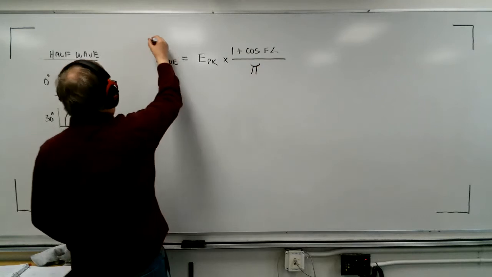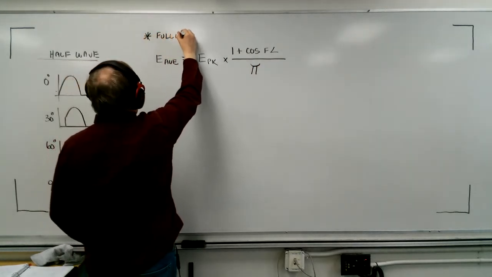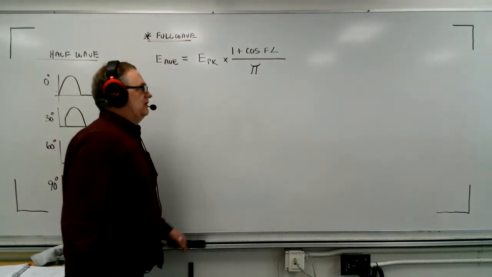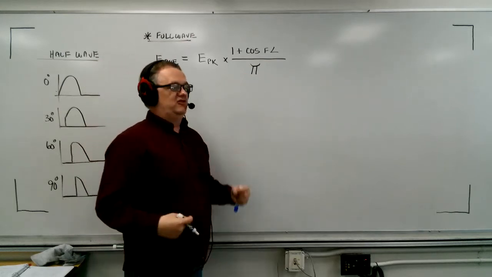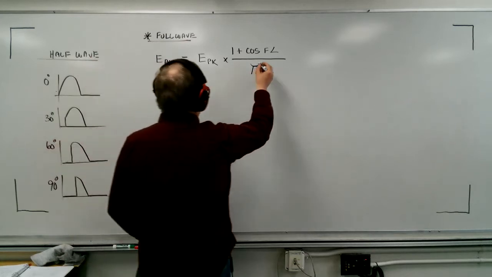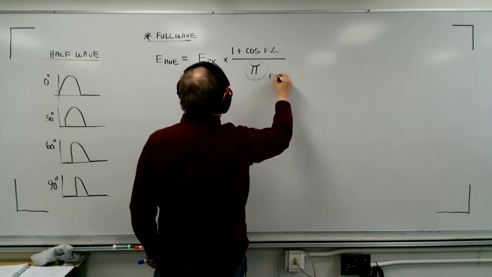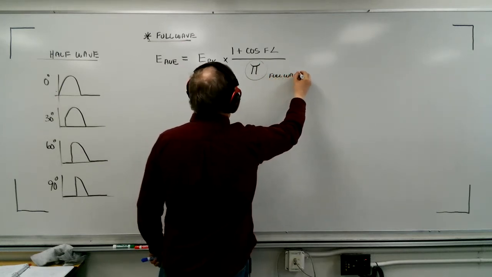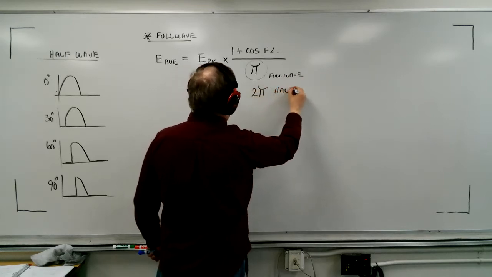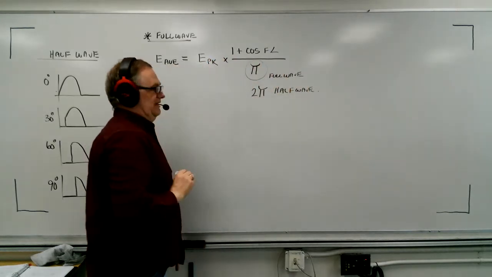So this formula is specific to the full wave rectifier, and the formula that I showed you earlier with 2 pi is specific to the half wave rectifier. Just make sure you have that distinction. If it's pi, it's the full wave, and if it's 2 pi, then it's the half wave. Other than that, the formula is completely identical.